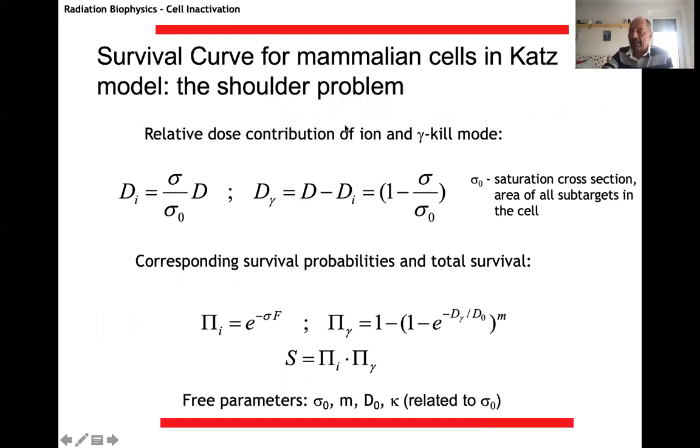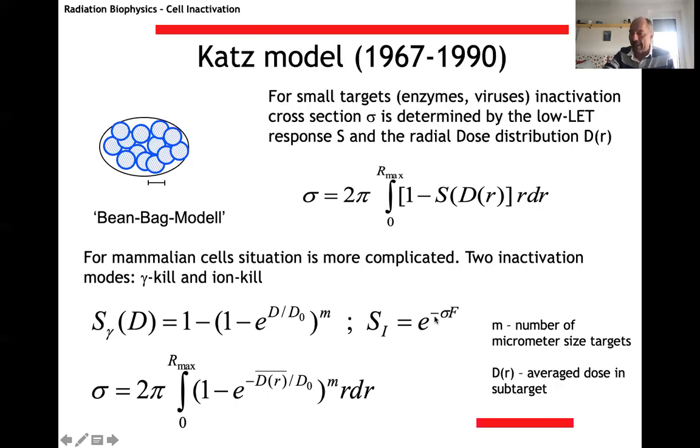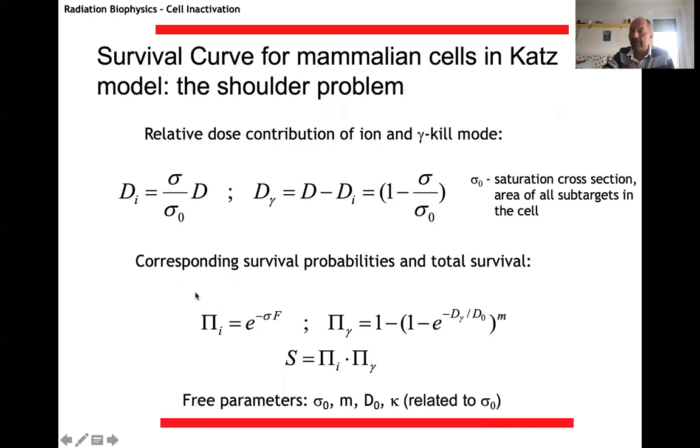You see here the relative dose contribution of the ion and gamma kill mode, where this is the ion kill and this is the gamma kill. This is the relative contribution. And then you will have the survival as the product of the ion kill and gamma kill mode. And this product will give you survival curves with the curvature. Of course, now you start to have many free parameters.